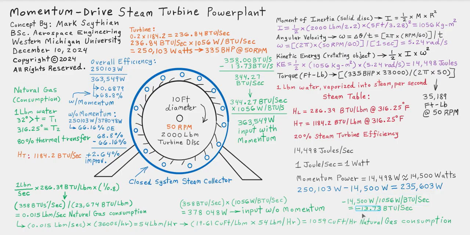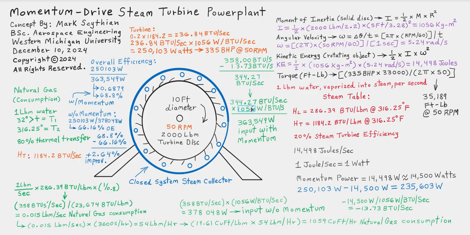So now we have negative 13.73 BTUs. We need less input natural gas combustion because of this momentum. So we can subtract 13.73 BTUs per second from the 358 BTUs per second without the momentum drive. So this actually only requires 344.27.